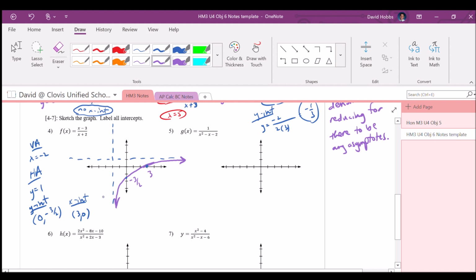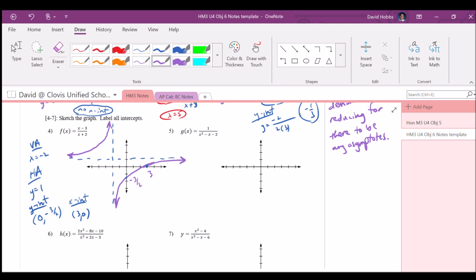So could I start from down low, close to the vertical asymptote, and go to elevation 1 as I go to the left? No, I'd have to cross the x-axis. So I must be coming from up high and going to elevation 1 from the top side. And there's our first graph.